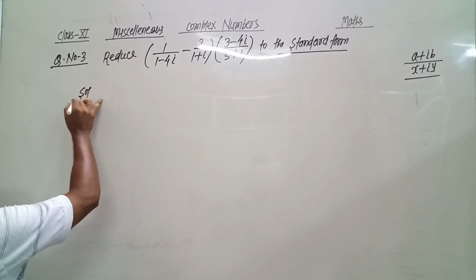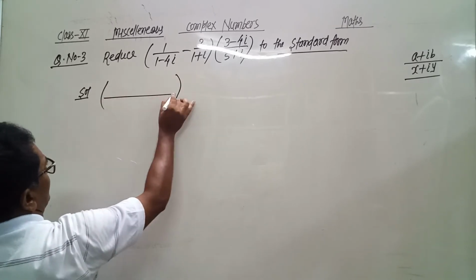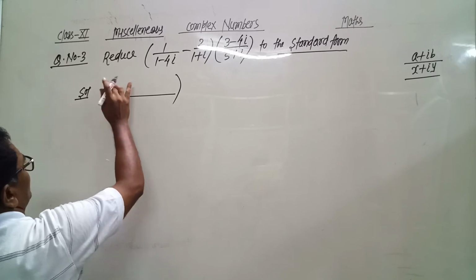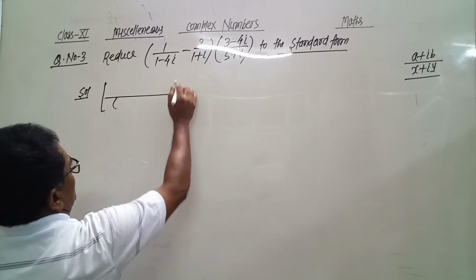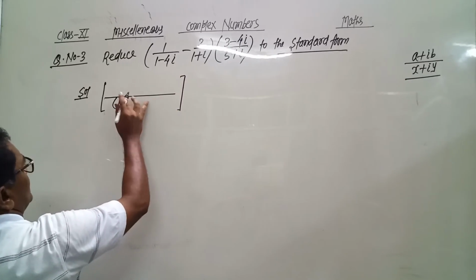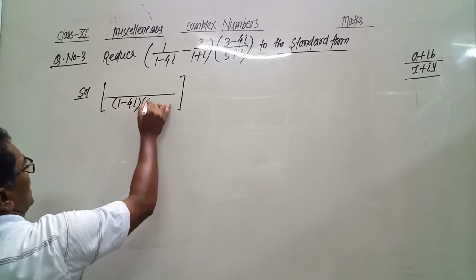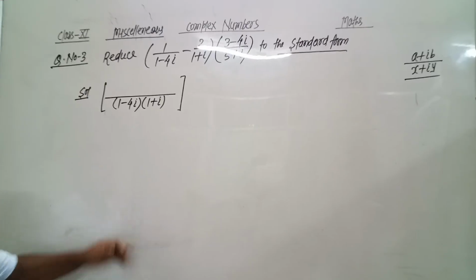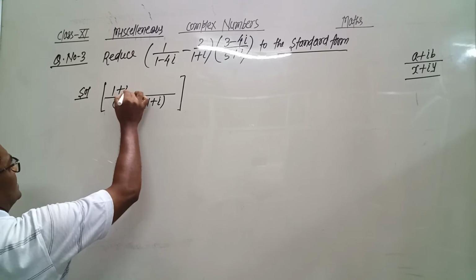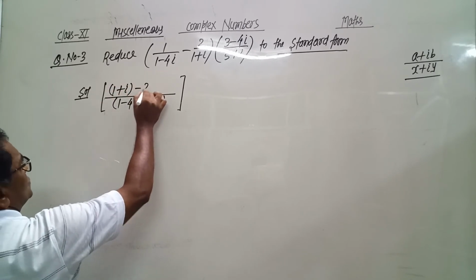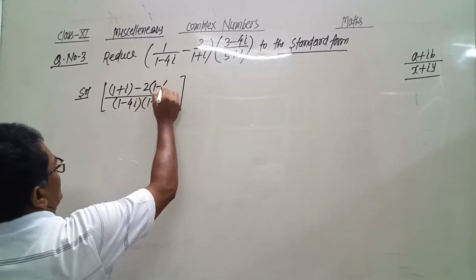So firstly we take the LCM of this bracket, and the LCM comes to be 1 minus 4 iota into 1 plus iota. 1 minus 4 iota gets cancelled, and here it comes 1 plus iota minus 2. 1 plus iota cancelled, and it comes 1 minus 4 iota.